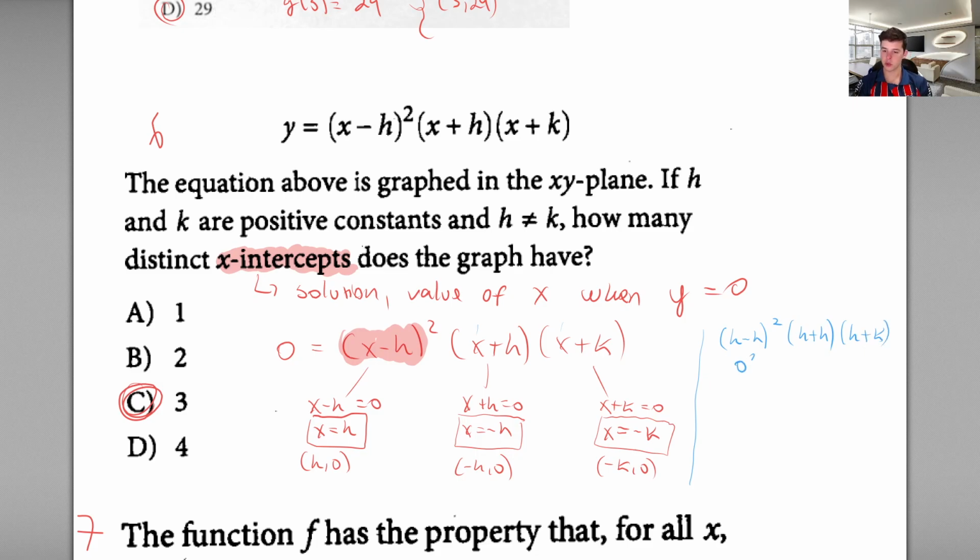Okay, so 0 squared is 0, times 2h, times (h plus k). We don't care about any of this. I'm just trying to show you guys that we shouldn't care. So 0 times anything is going to be 0. So that's a value of x that makes y equal 0. So we're good. And it's true for all the other ones in the respective terms. Okay.